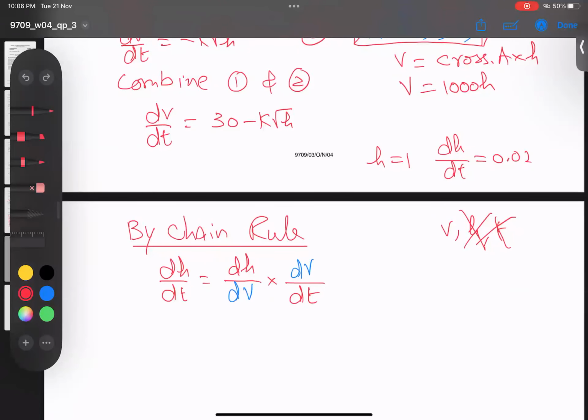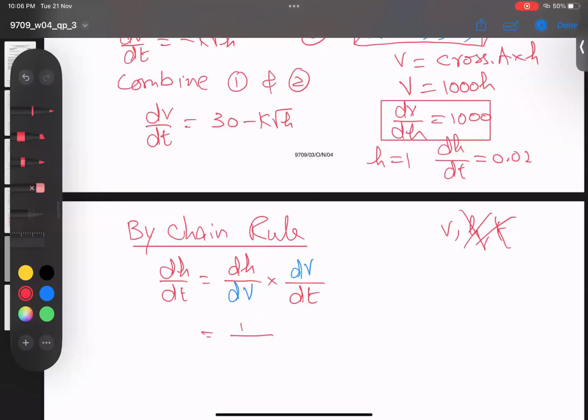And look here, dh by dV. So I have to differentiate dV by dh, because rule wise the left variable comes up, the right variable goes down. So this becomes 1000 only. But the problem is height up, volume down, and volume up, height down, so reciprocal.